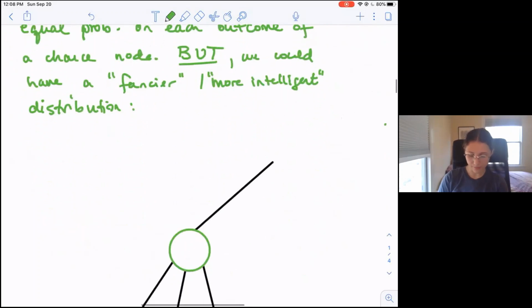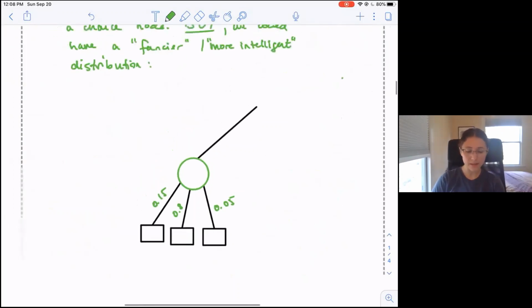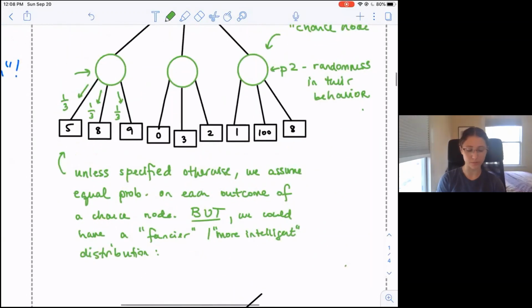Like, for example, if we had this chance node here, then perhaps from data, or maybe we have some prior knowledge as design engineers, we know that the agent's going to prefer to take the center action, leading to the center outcome, 80% of the time, and only 0.15 for the left and 0.05 for the right. But for the sake of these problems we're going to see today, we're going to assume this uniform distribution.